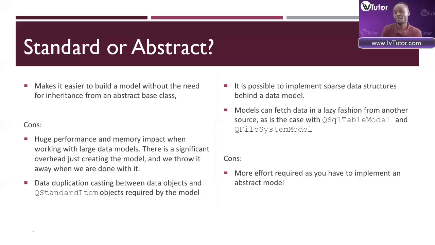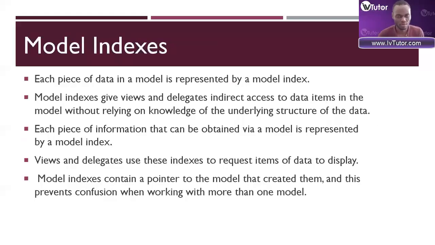But obviously the disadvantage there is the amount of effort you have to spend implementing the model, which can make it a little bit more complicated when compared with dealing with a concrete model like the QStandardItemModel. So that is one thing I want you guys to always remember, because I've seen questions about that.